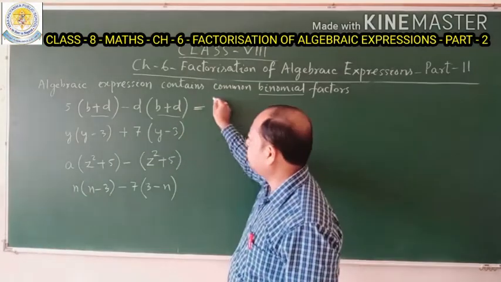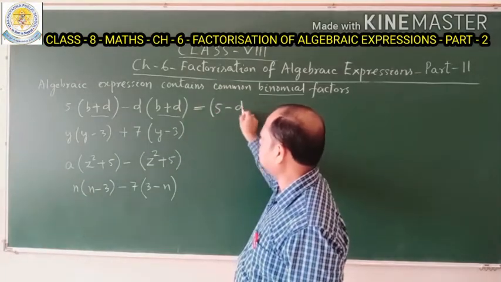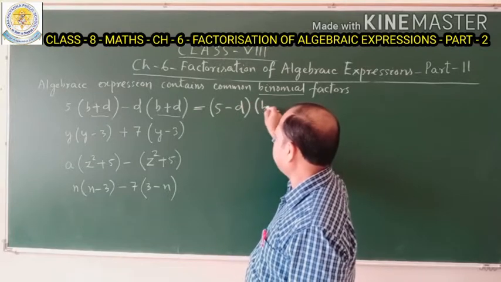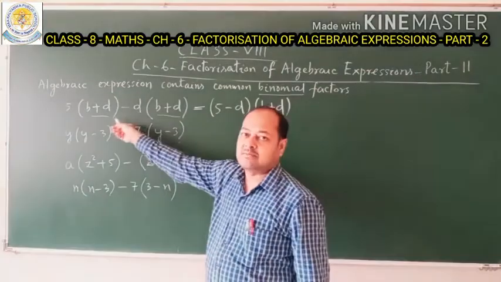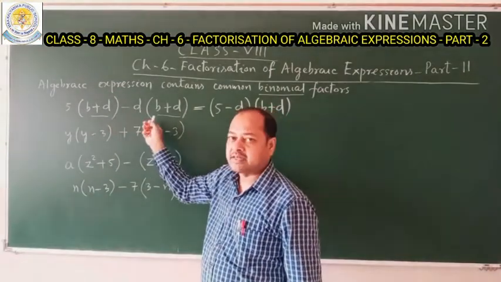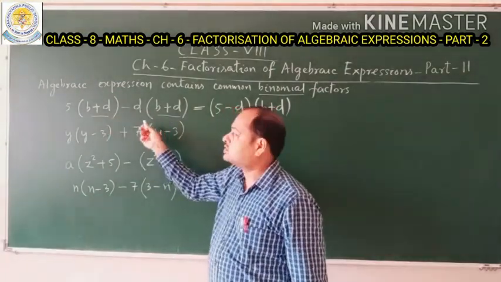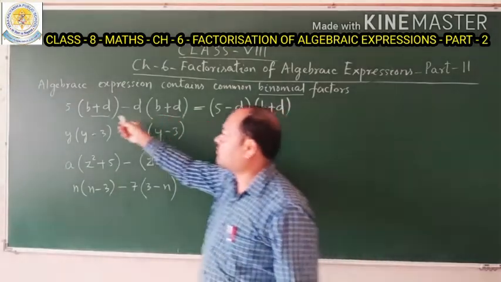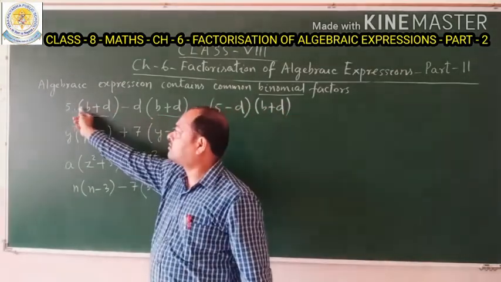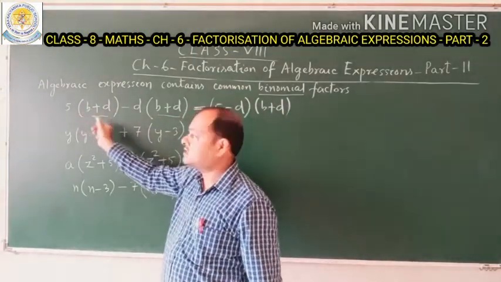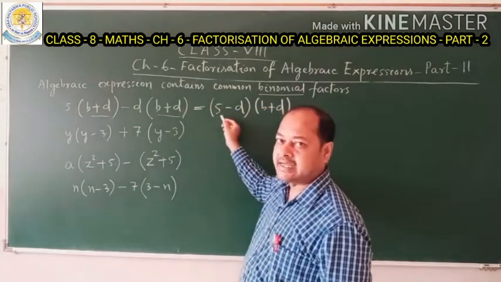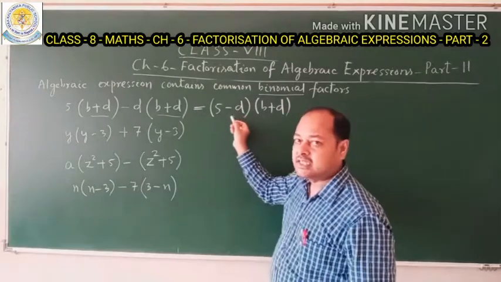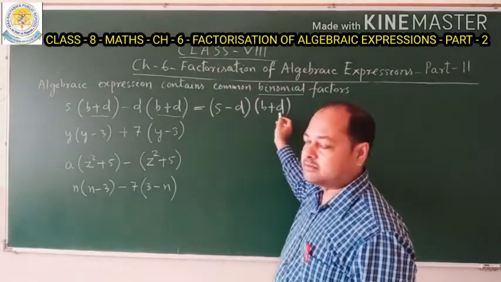Whenever there is a common factor like this, it is a binomial factor because two terms are there. So we write 5 minus d into b plus d, because 5 and minus d are multiplied with b plus d.